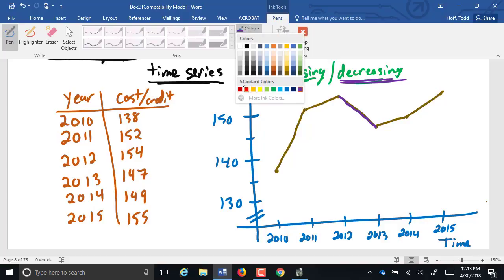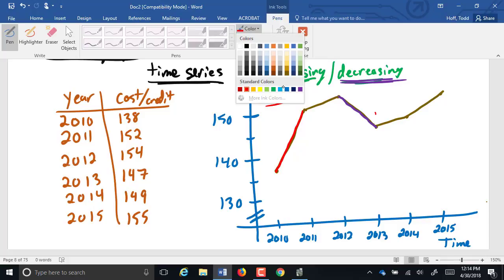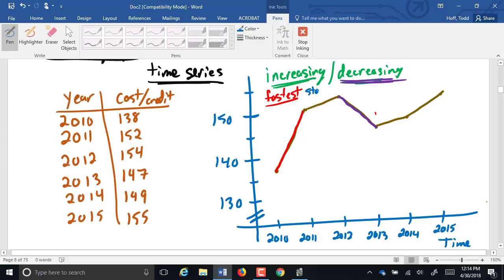The other thing we can do is see when it was increasing or decreasing the fastest or slowest. The fastest increasing was right here because that's where the line is the steepest. Slowest increasing was right here because that's where that line is the shallowest.